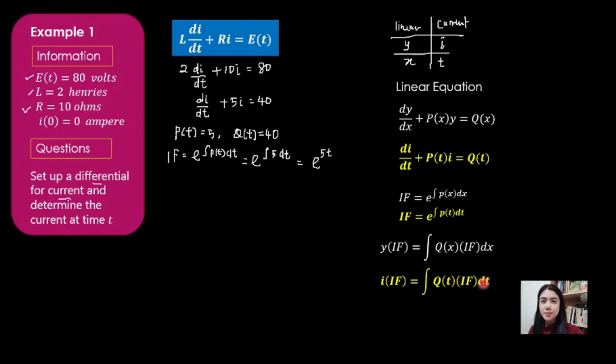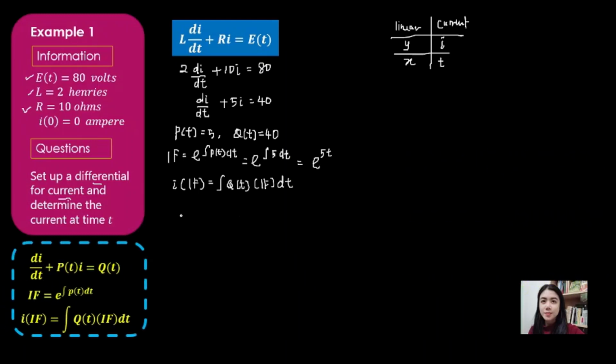Then we have I times the integrating factor equals the integral of qt times the integrating factor dt. So we have managed to modify all the linear equation formulas so that we can use them to solve the differential equation for the current.